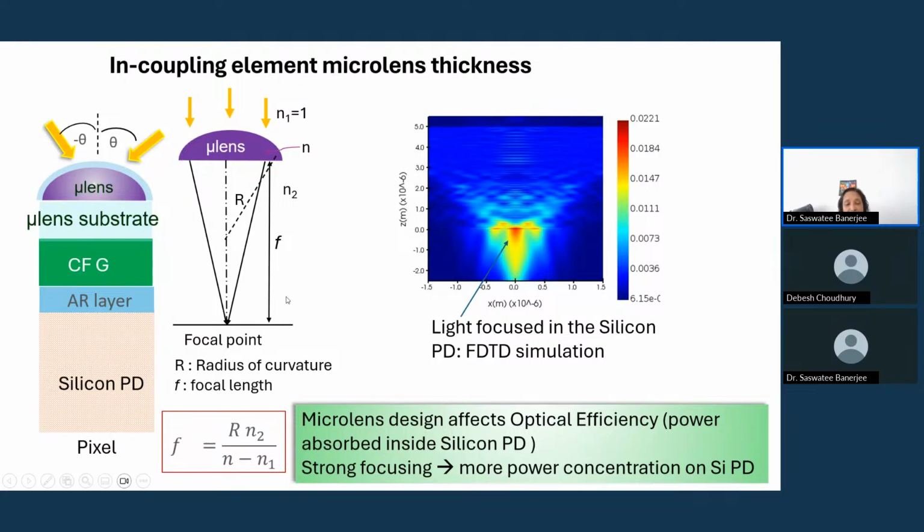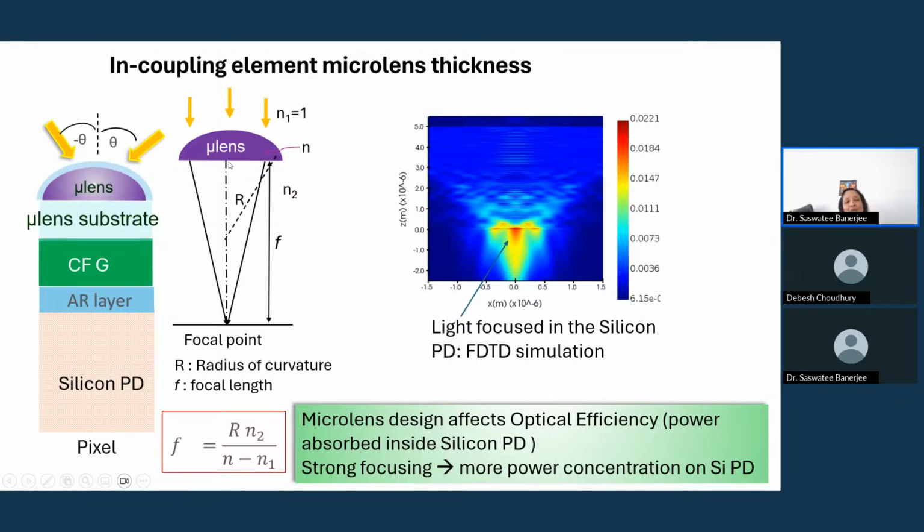But there is a little problem. This relation only applies to paraxial optics or macro optics, so it might not really apply to a microlens or a microstructure like this. Ultimately, yes, you have to do a rigorous calculation to see where the light is really focused.